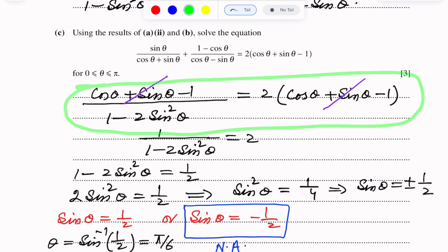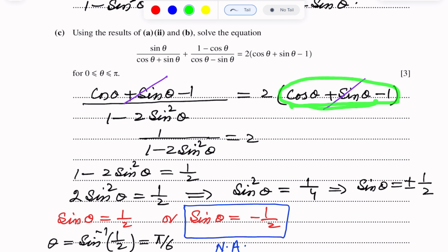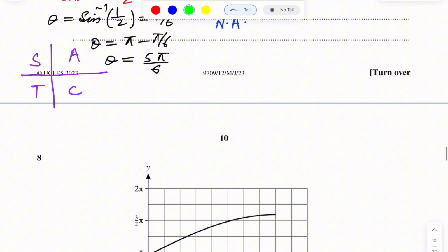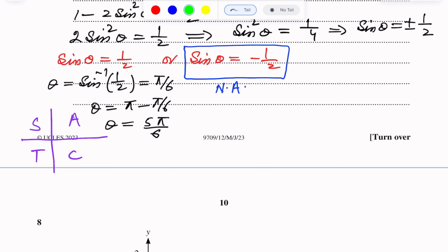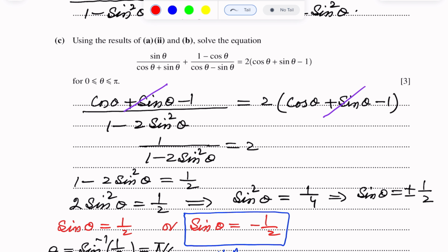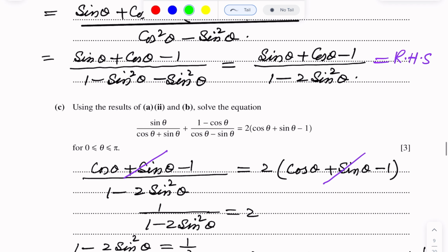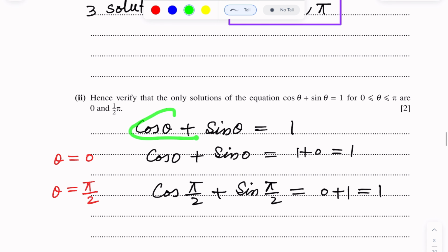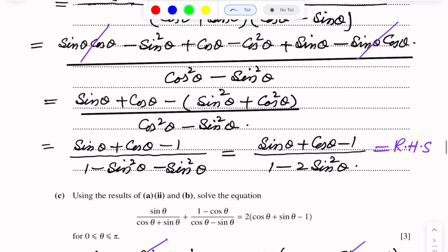From here, if we put cos theta plus sin theta is equal to 0, then this whole equation becomes cos theta plus sin theta minus 1 is equal to 0.